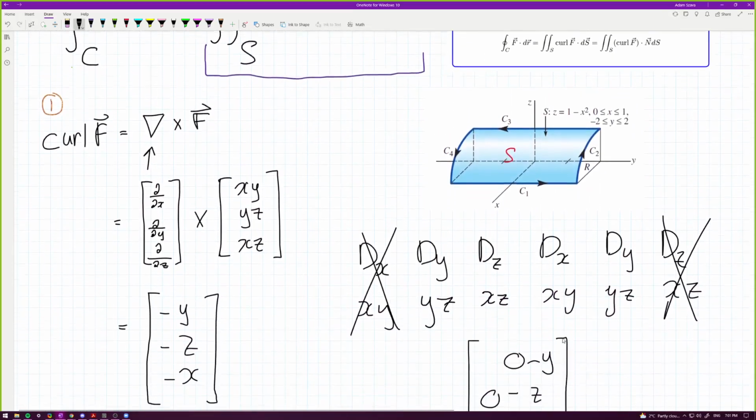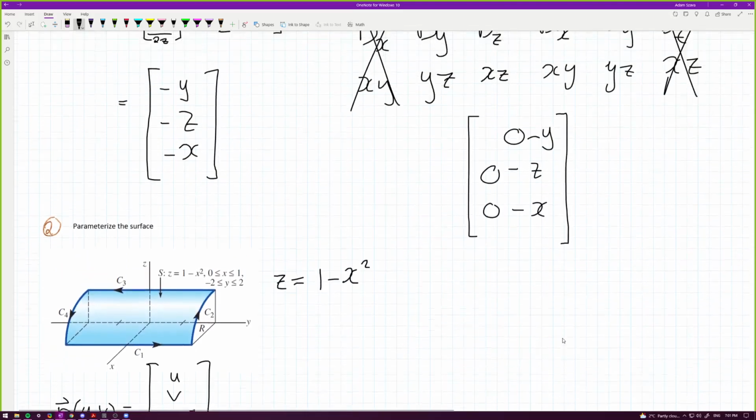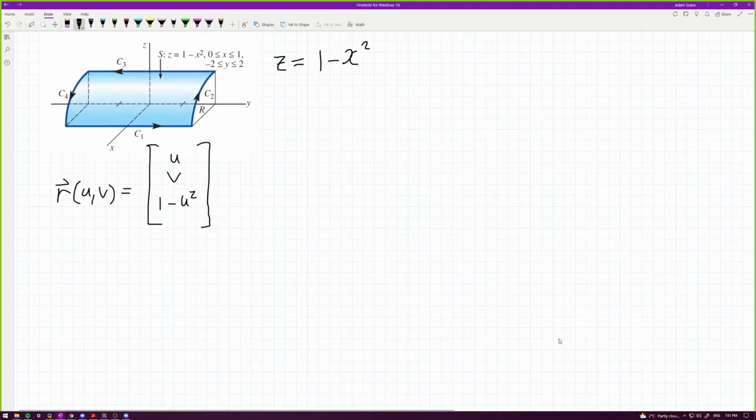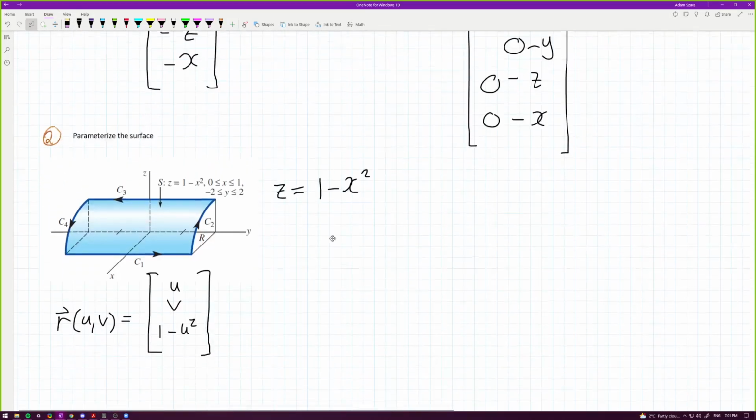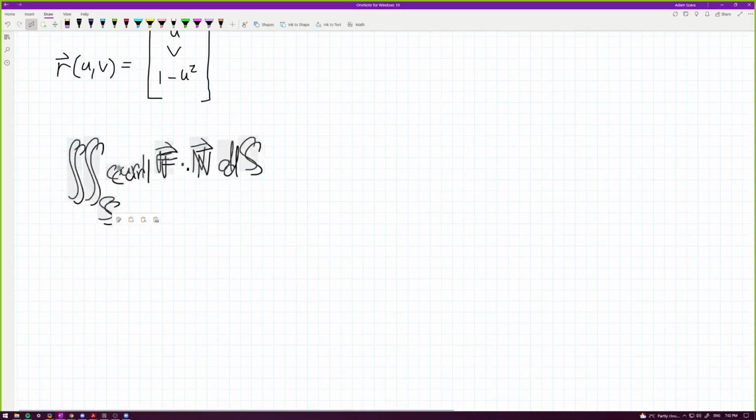And what we can do now, there's an easier way of doing it, but I think I want to go through it all like this. So the formula we're going to use for this surface integral, let me just draw it here.